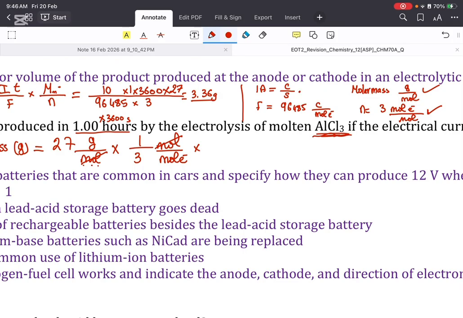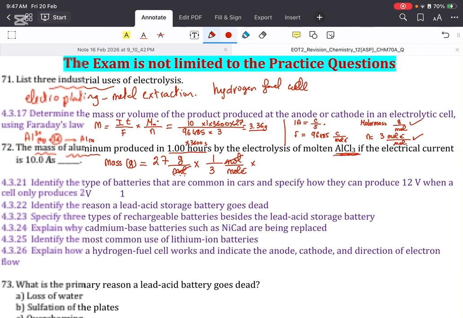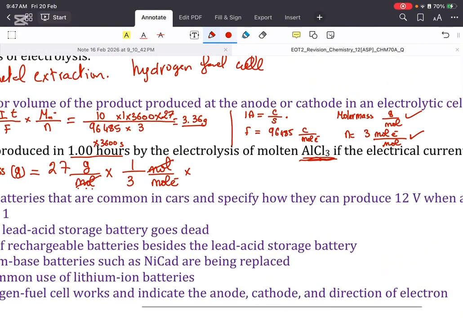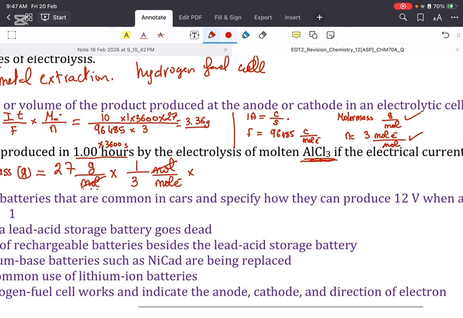Next, I'm going to use the current, and the current here is given as 10. So I'm going to put 10 coulomb per second. I'm done with this. Now I still need to use Faraday.